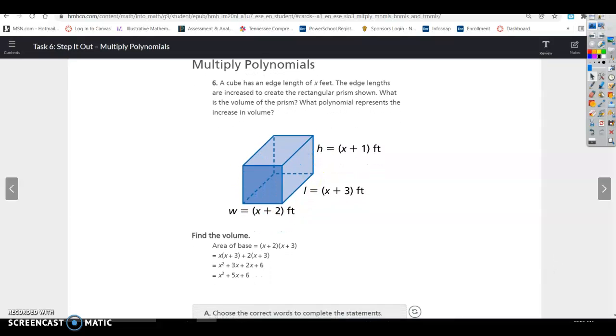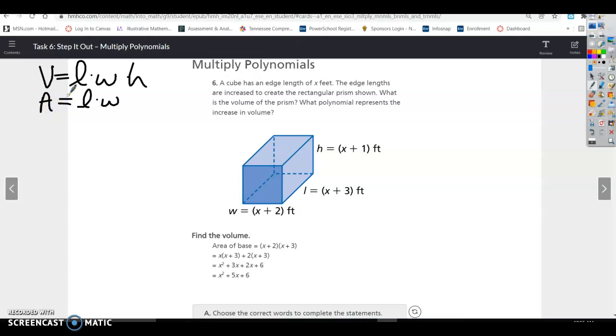All right, so it says find the volume. First they're going to find the base. Even though this is worked out, let's do this here together. Remember, volume equals length times width times height, and the area of a rectangle is length times width.